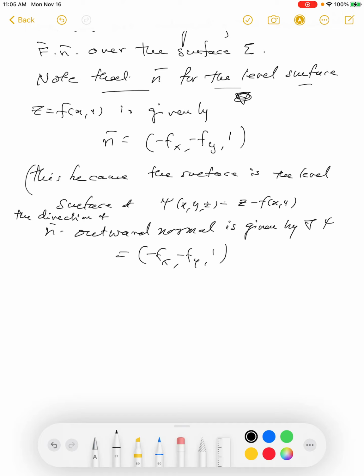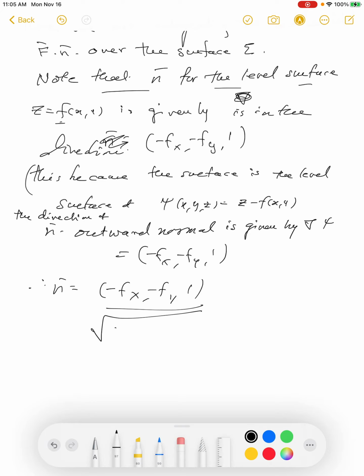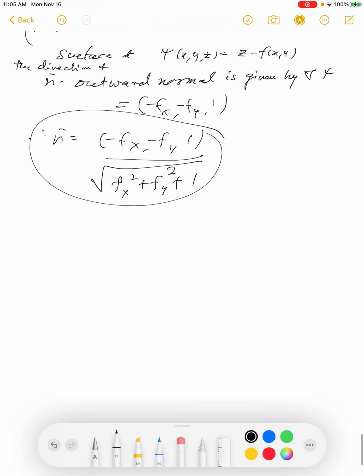So therefore n bar is going to be minus fx, minus fy, 1 divided by root of the square of these components added up. So this is going to be your n bar.